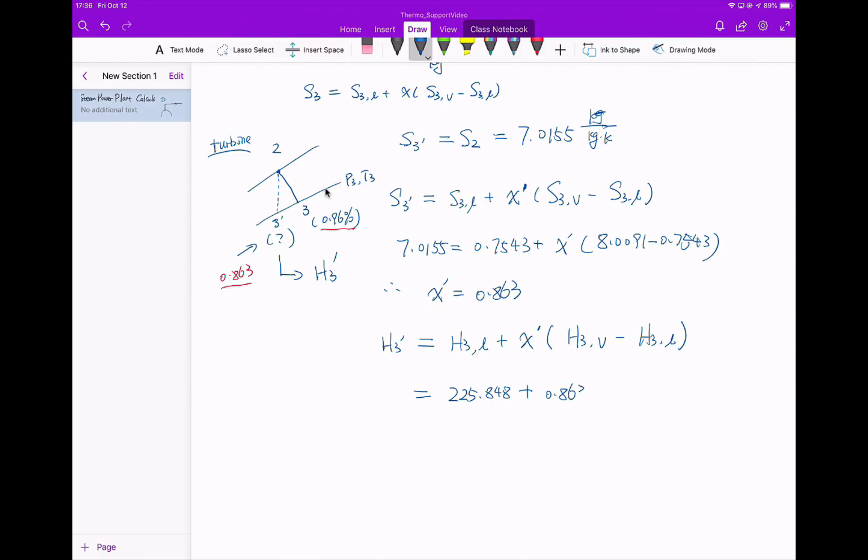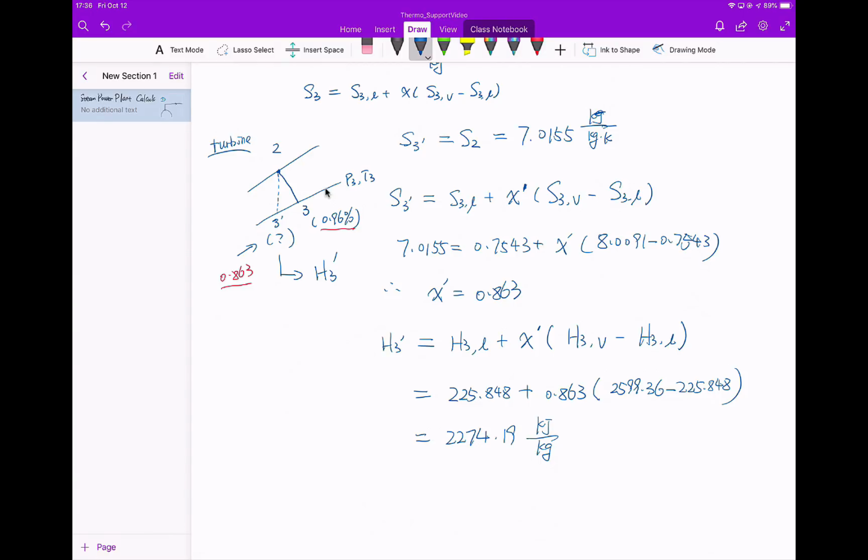Now this is the actual ratio of the imaginary isentropic process. Minus, okay, this is kilojoule per kilogram. Alright.